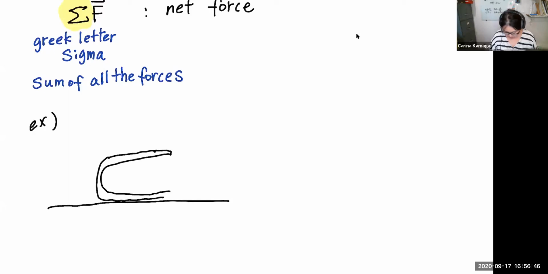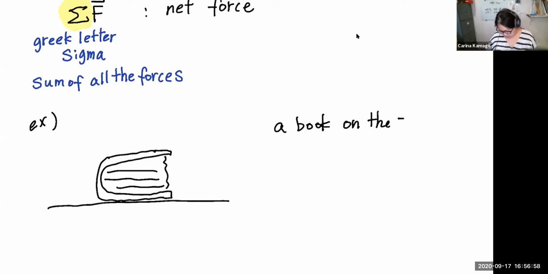Let's say here is the book on the surface of the table, right? And you see that this book is on the table and the book is at rest. Here is a notebook on the table and it's at rest.